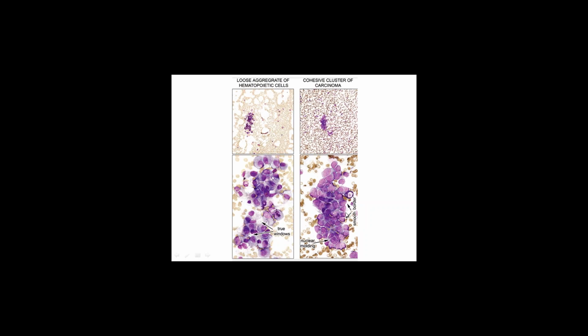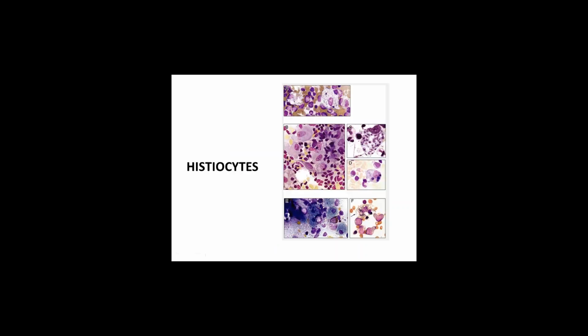On a high power, we can see the smooth boundaries of the cells, and there is molding of the nuclear content, which is absent in hematopoietic cells. And there are a lot of fat spaces. These are the fat spaces in between the hematopoietic cells. Such things will help us in differentiating hematopoietic cells from a cluster of carcinoma.